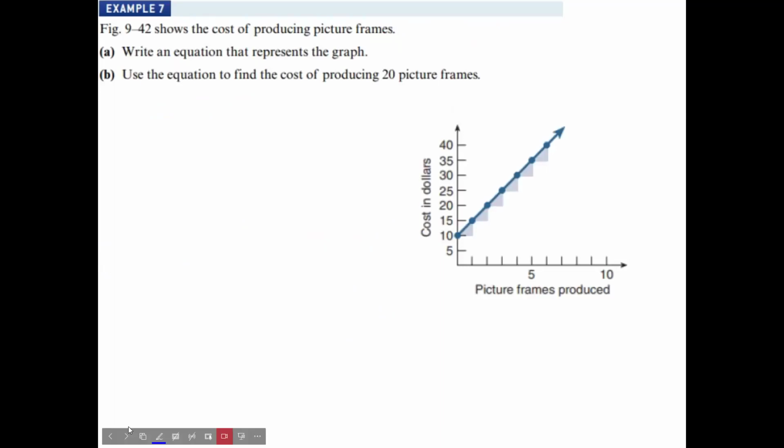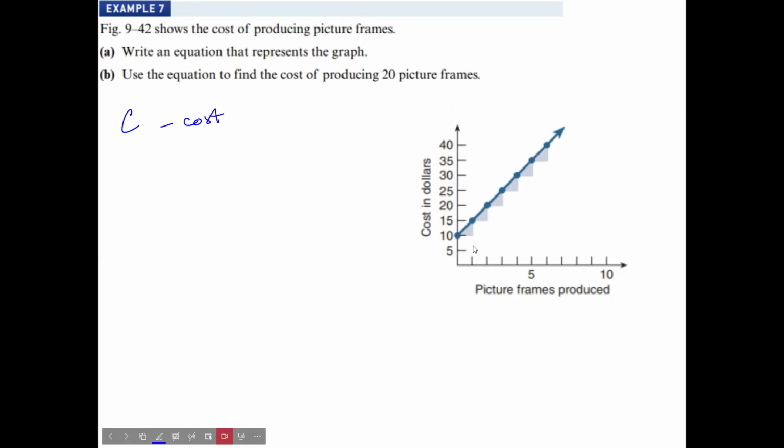Okay, fairy tale story. Shows cost of producing picture frames. Write equation that represents the graph. Use the equation to find cost of producing 20 picture frames. So cost, let's put C as a function of P. Let's not go deep into the forest. So C, that's the cost. Now, analyzing picture 1, 2, 3, 4, 5.